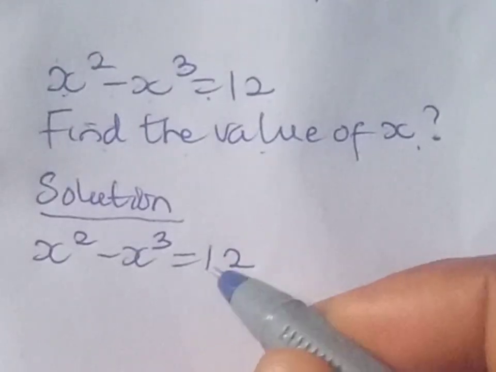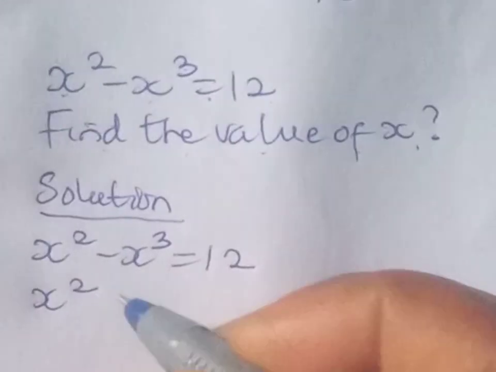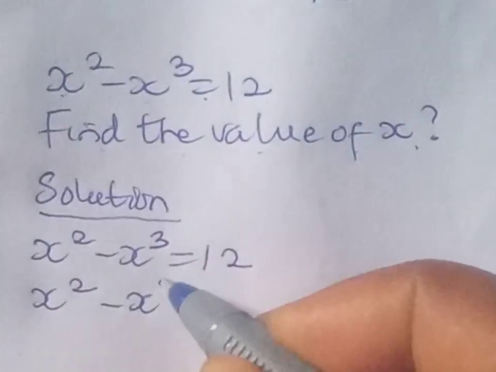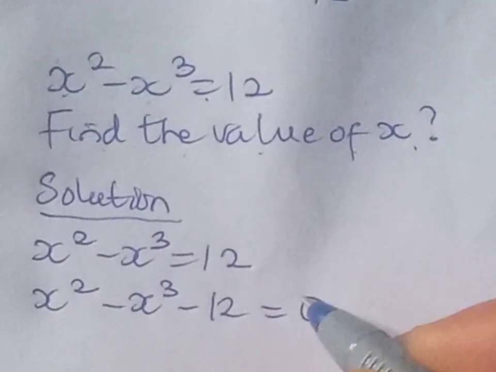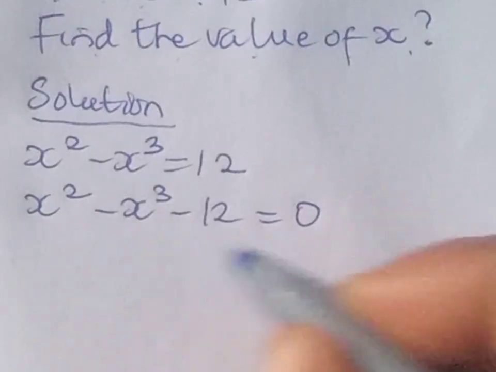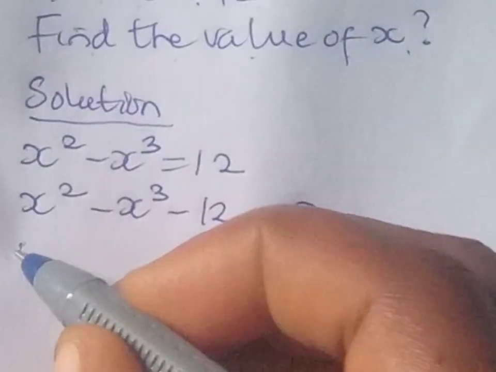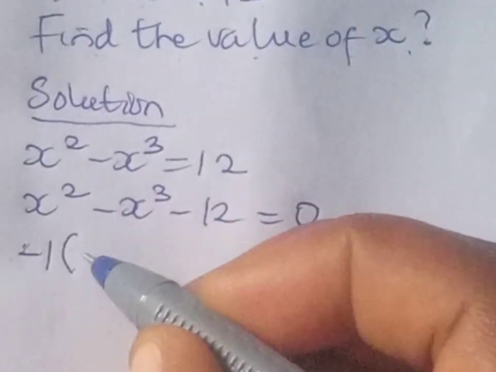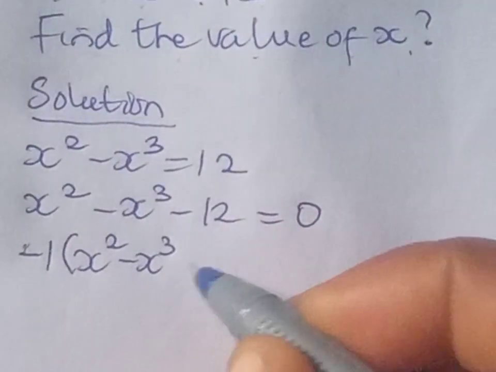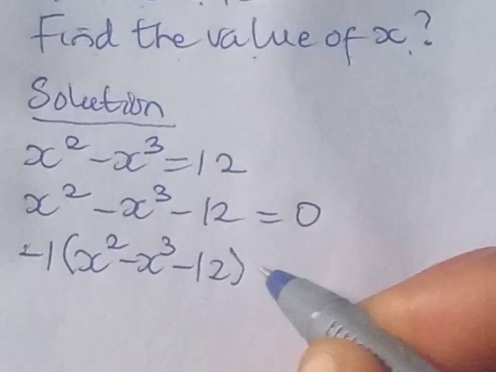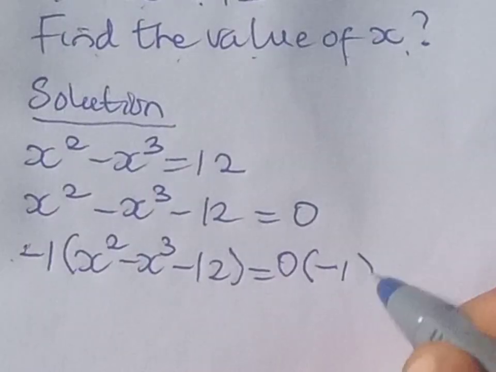Let's bring everything to one side, which will give us x squared minus x cubed minus 12 equals 0. Now let's multiply both sides by minus 1. So we have minus 1 multiplied by x squared minus x cubed minus 12 equals 0 multiplied by minus 1.